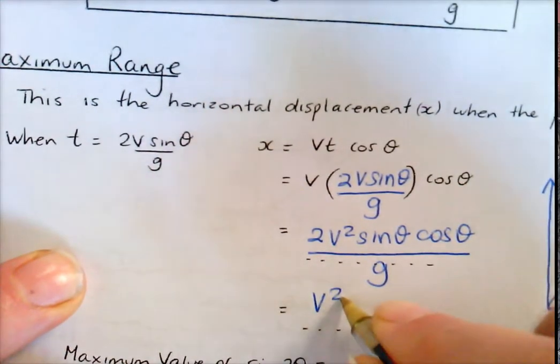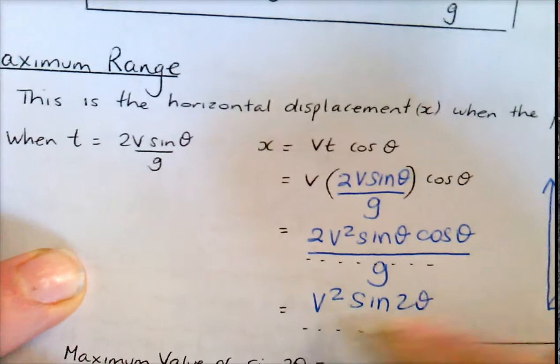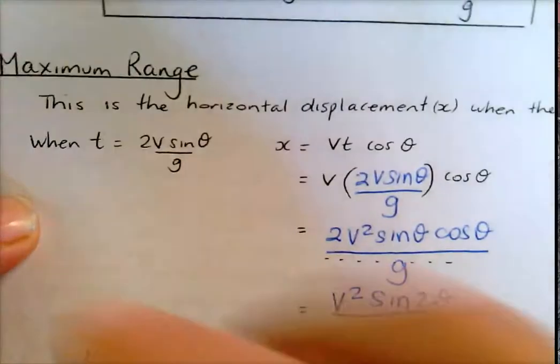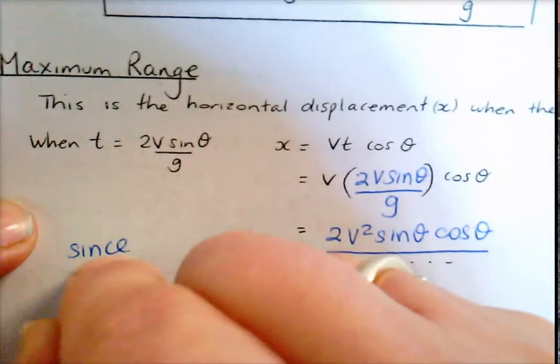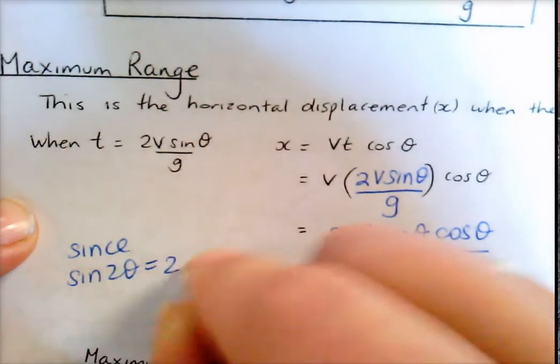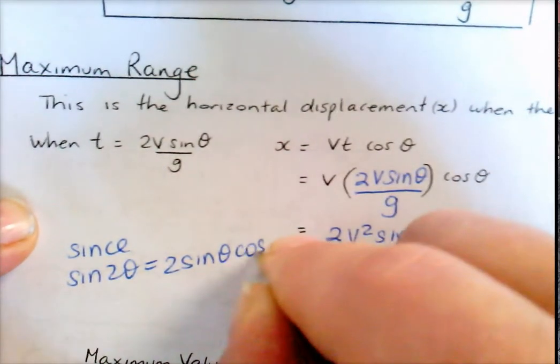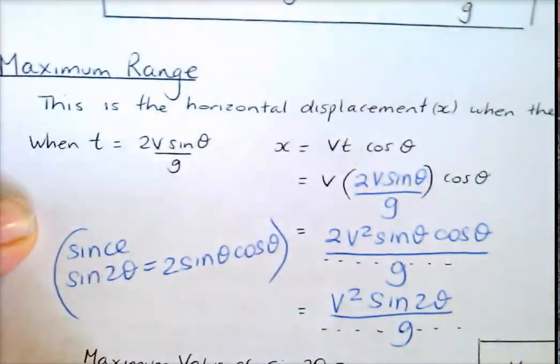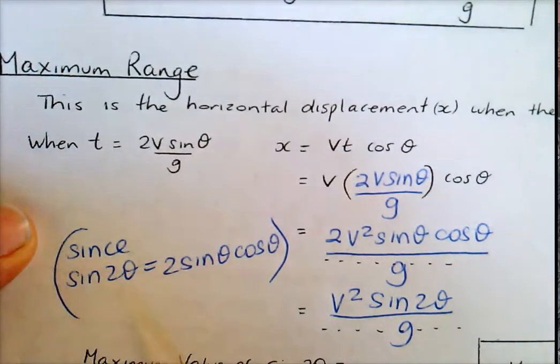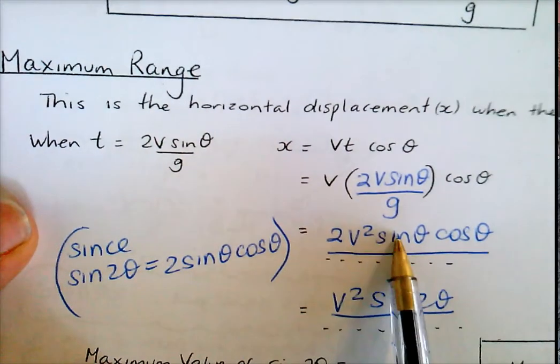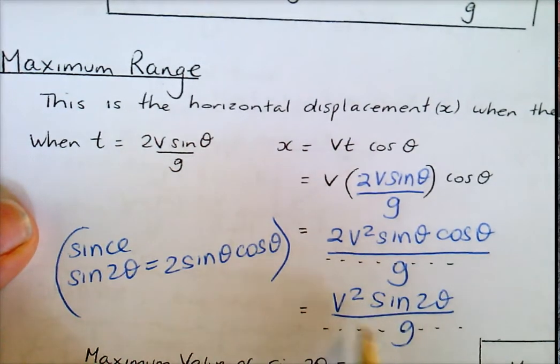So therefore it's v squared sine 2 theta on g. I'm just going to put here since sine 2 theta equals 2 sine theta cos theta. So we're replacing the 2 sine theta cos theta with sine 2 theta.